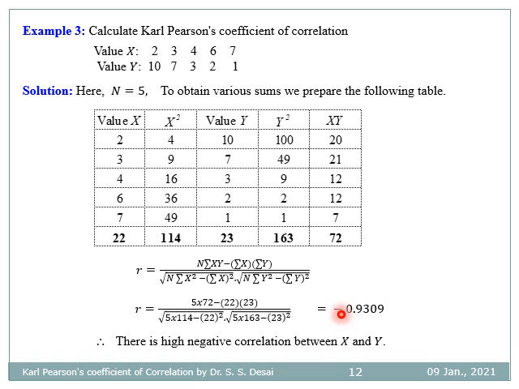As the sign is minus here, there is negative correlation, and as the magnitude is 0.93, there is high degree correlation. Therefore the final conclusion is there is high negative correlation between x and y.